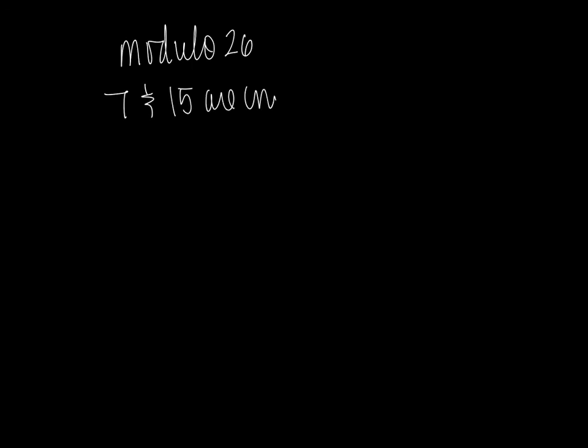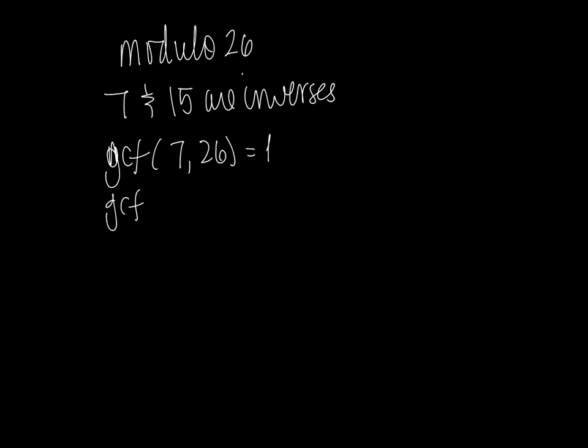If you remember in class, we talked about how when we're in the class of modulo 26, I told you that 7 and 15 were inverses. This essentially means that they undo one another with regards to modulo 26. What you should note is that the greatest common factor between 7 and 26 is 1, and the greatest common factor between 15 and 26 is also 1.